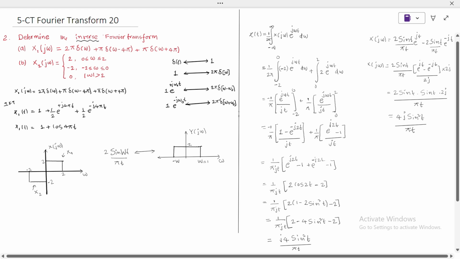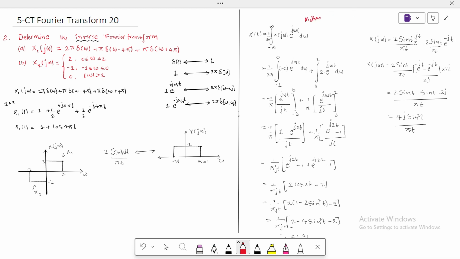So this is method 1, and this is method 2. This is property based and this is formula based.